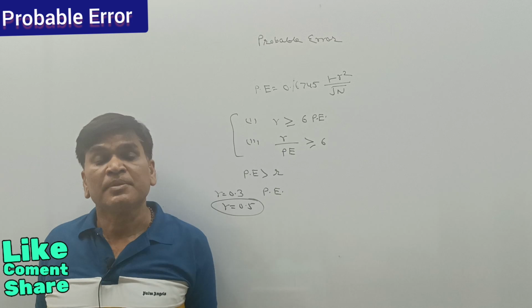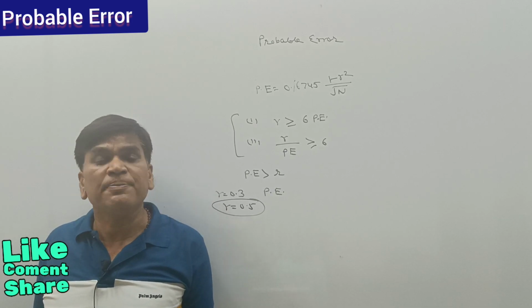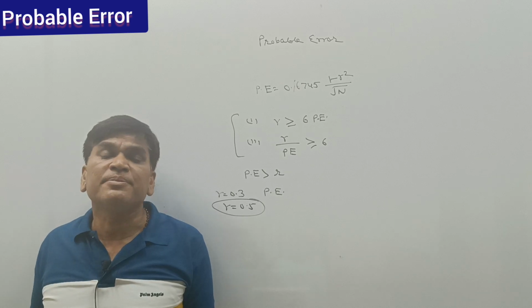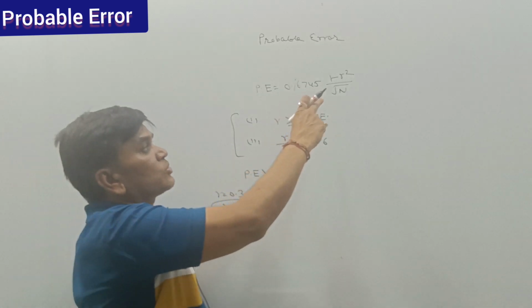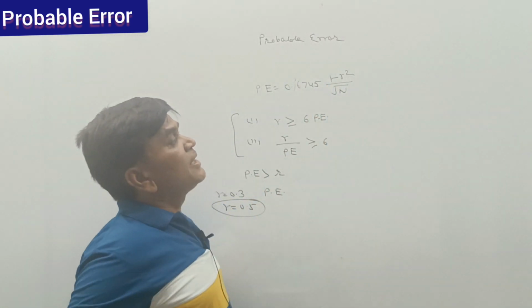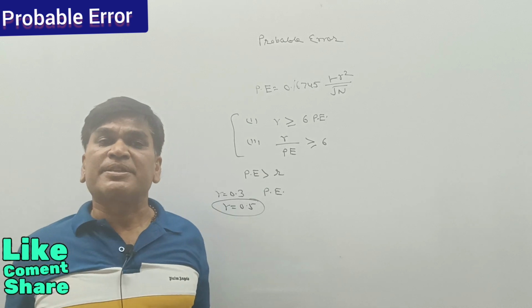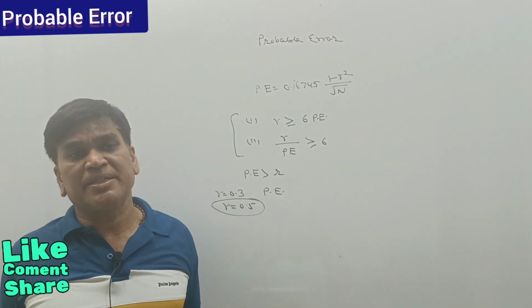There is also some limitation of probable error: if the number of items is very high, then our calculated value of probable error will be very small, and in that condition we can't correctly judge the significance of the correlation.